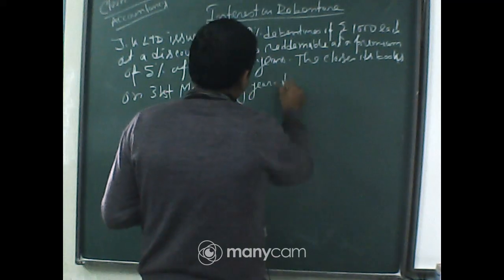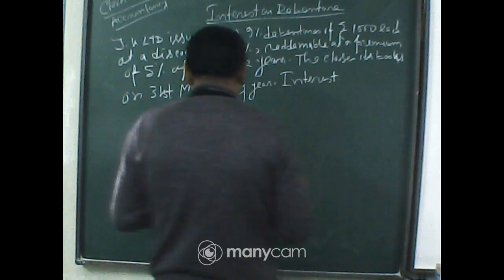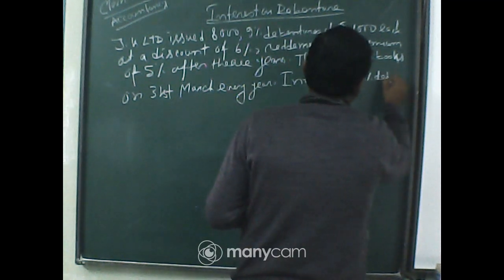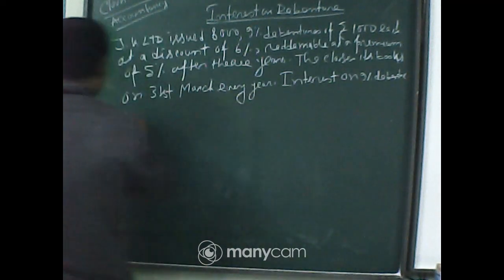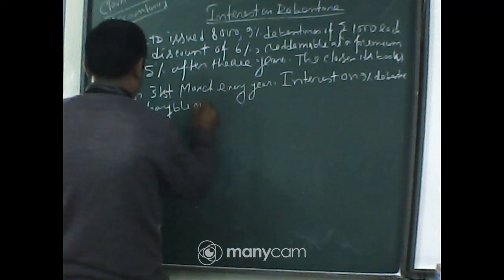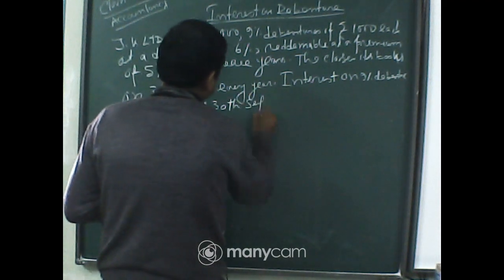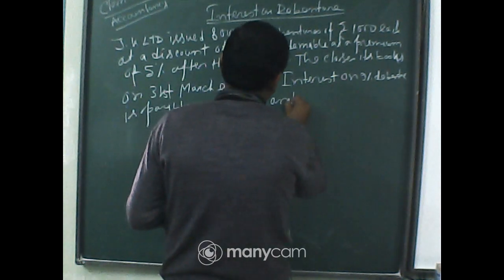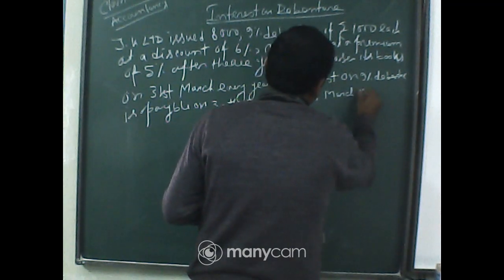Now, how do they pay interest? Interest on 9% debenture, each payable on 30th September and 31st March every year.